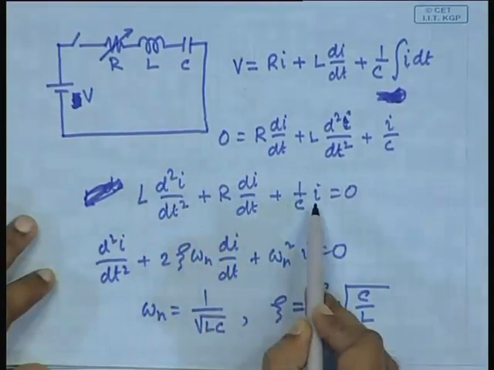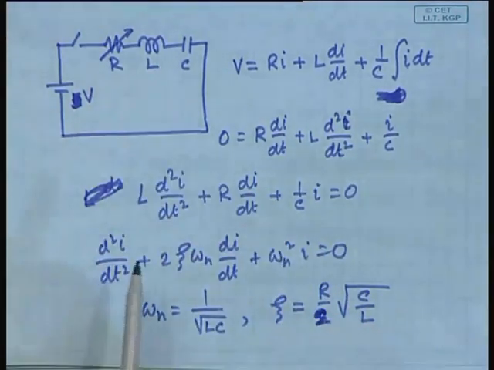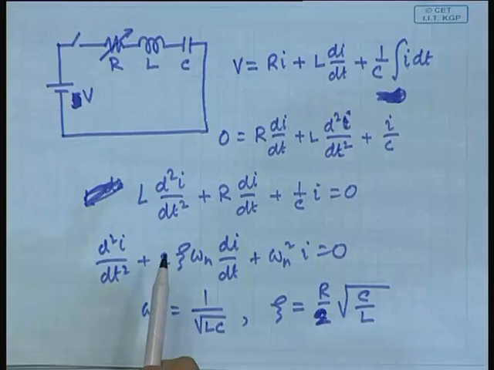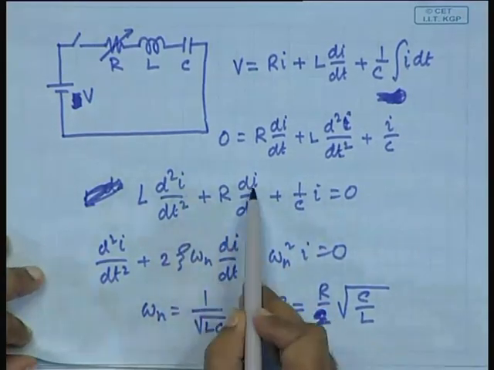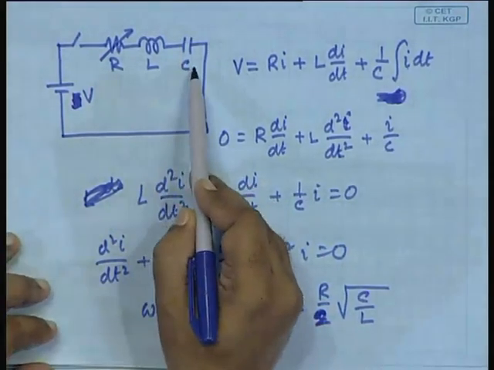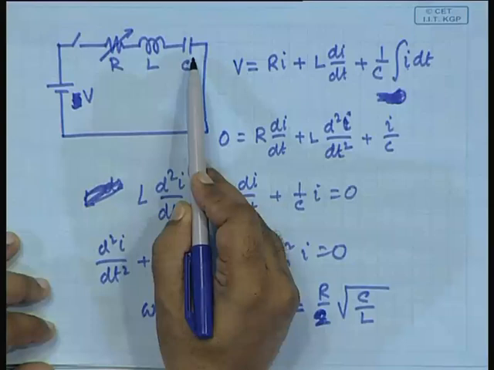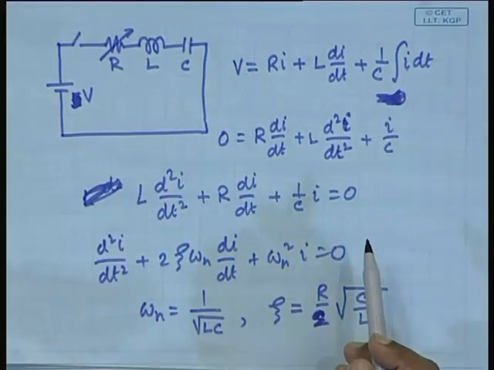So, the current's equilibrium point is at I equal to 0. What about the voltage's equilibrium point? It is not. And the state variables are these: the current is one state variable and Vc is another state variable. So, what is the equation for Vc?